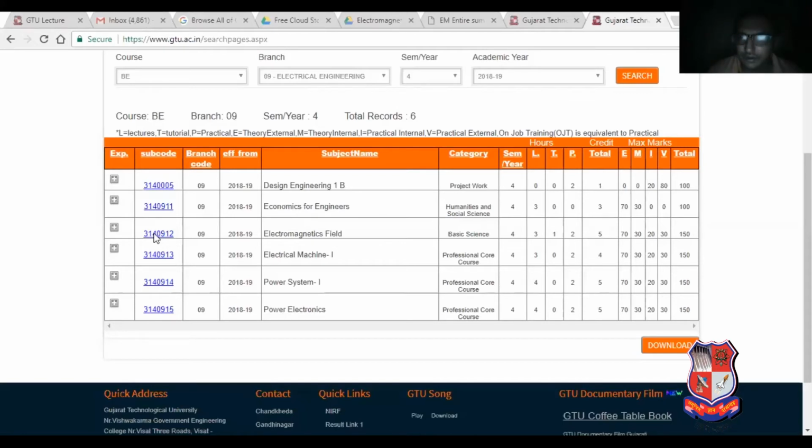Now we concentrate on this equation. See this continuity equation. We also discuss the continuity equation.